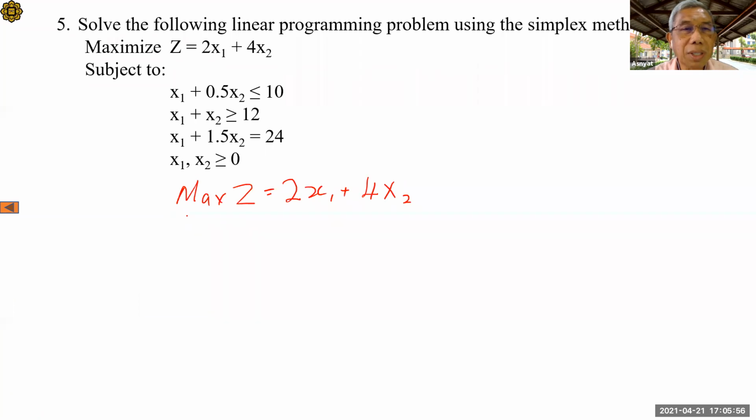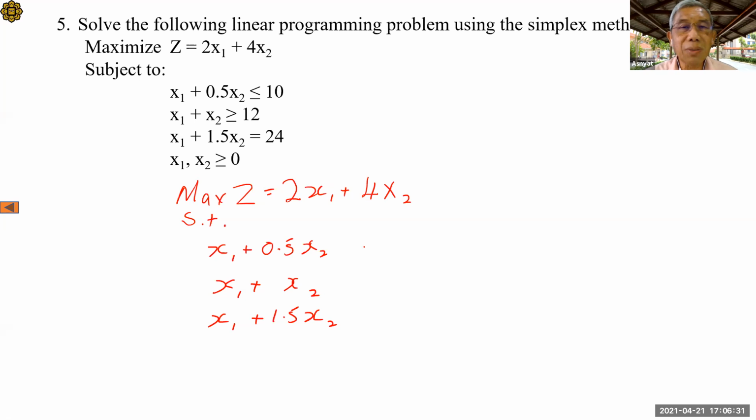Then we have the constraints, subject to x1 plus, this time in decimal, 0.5 x2. Then we have another one, x1 plus x2. Then x1 plus 1.5 x2.